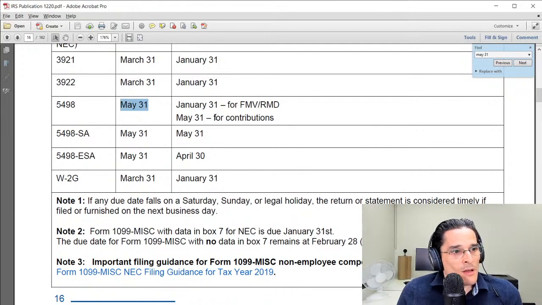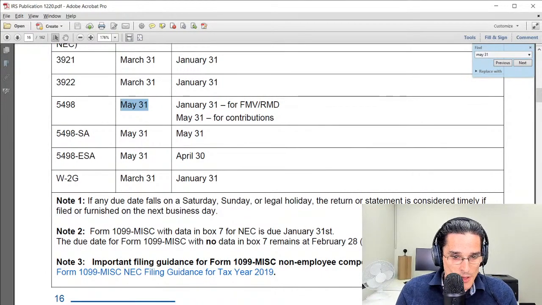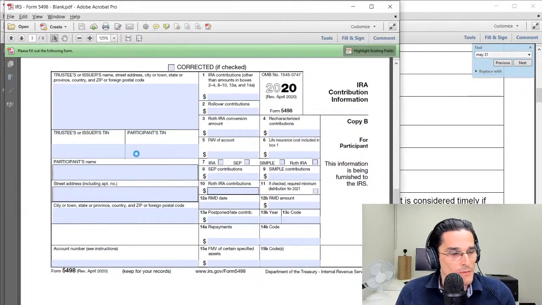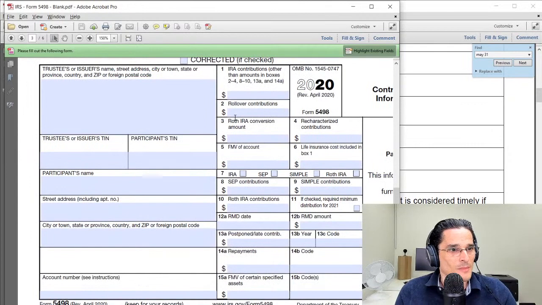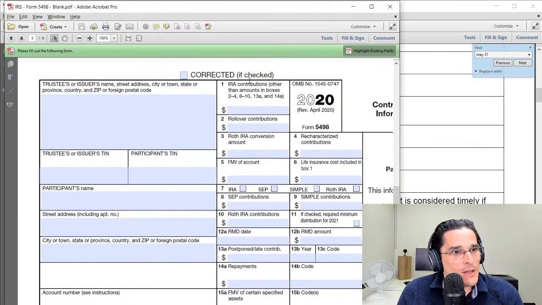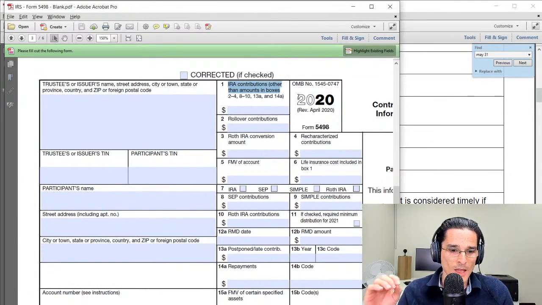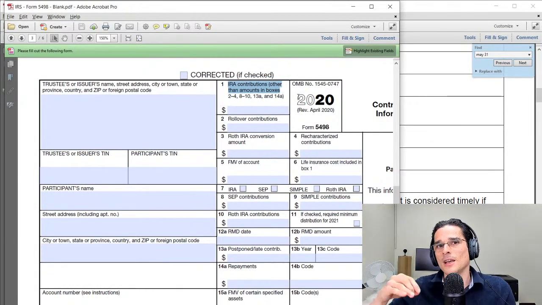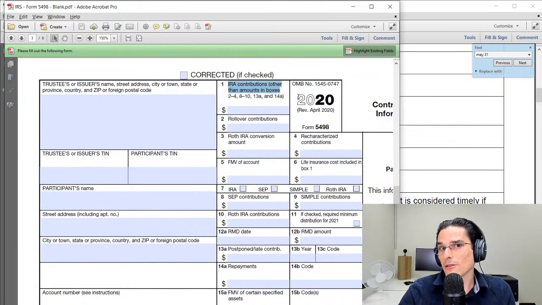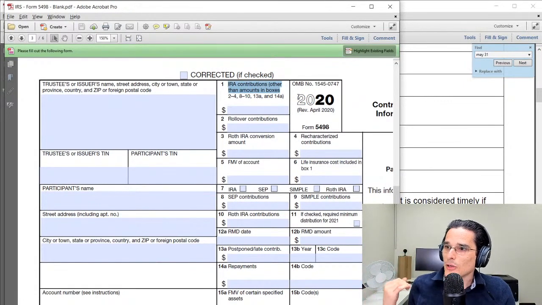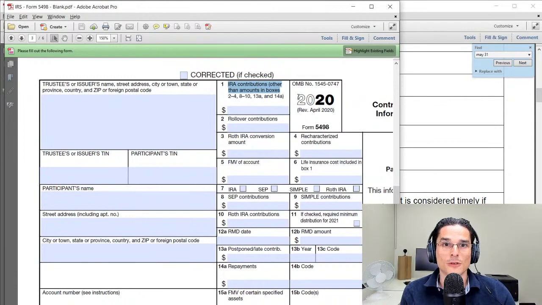Now, in terms of the application of the form itself, let's see what this actually has if we look at the detail. It reports IRA contributions right here in box 1. And this is interesting because if we think about the deadlines for IRA contributions, you may know that you have until, let's say, April 15th, if you don't extend your tax returns, to make an IRA contribution.